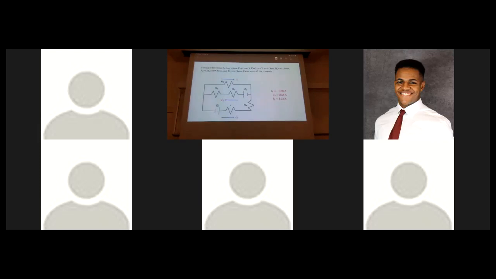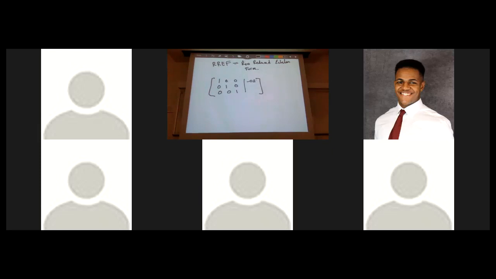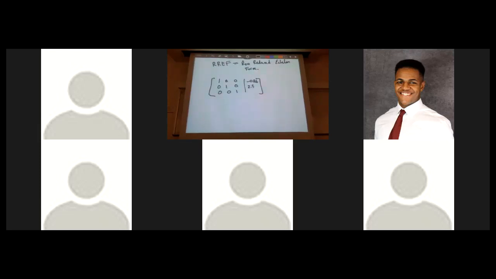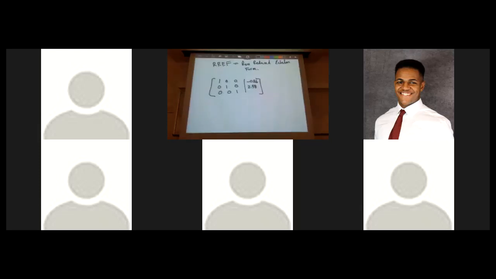So this would be negative 0.86, 2.58, and finally 1.73. So what your calculator is going to spit out is this matrix.